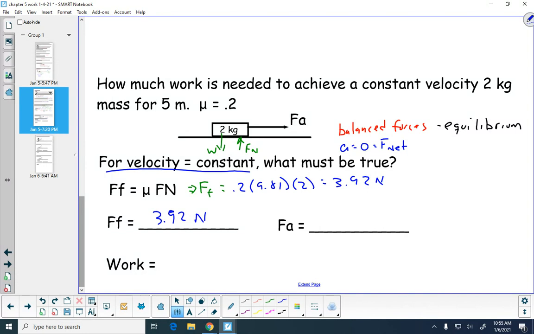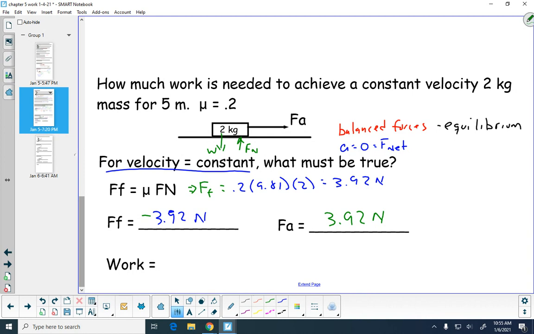So our force applied, Jordan, what does our force applied have to be? Same thing. So we could probably put a negative with the force of friction. So our force applied has to be 3.92 newtons. That has to be our force applied.